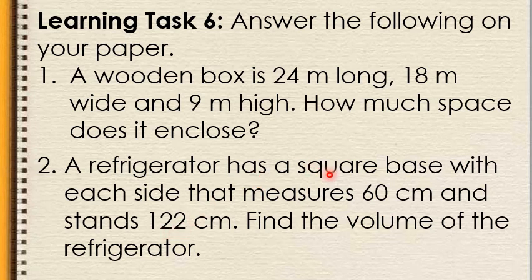Ay, di ba sabi, square base. So, ibig sabihin, kapag sinabi square base, ang measurement niya o ang sukat niya ay iisa. So, ibig sabihin, yung nawawala pang sukat ay isa pang 60. Kasi nga, ang square, ibig sabihin kung ang length niya ay 60, ang width din niya ay 60. Okay? So, wag malilito. Ganon kasi pag square, iisa ang sukat.